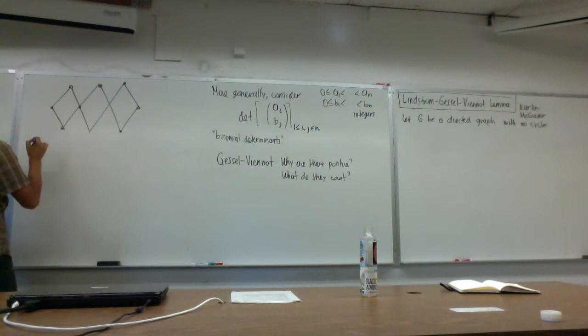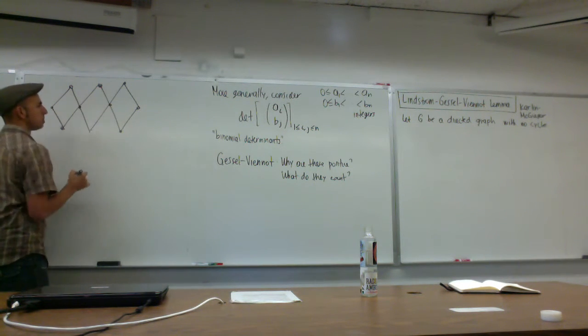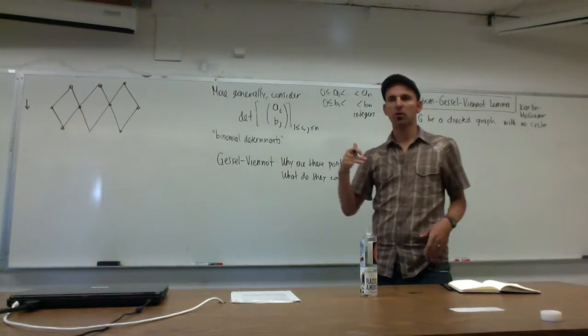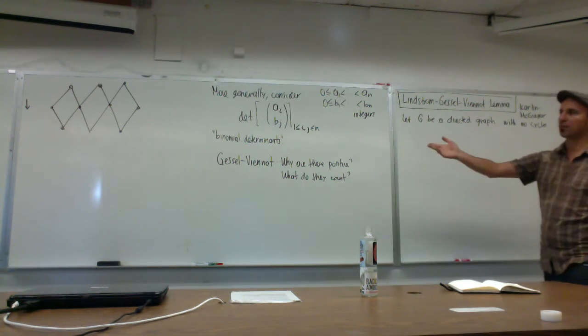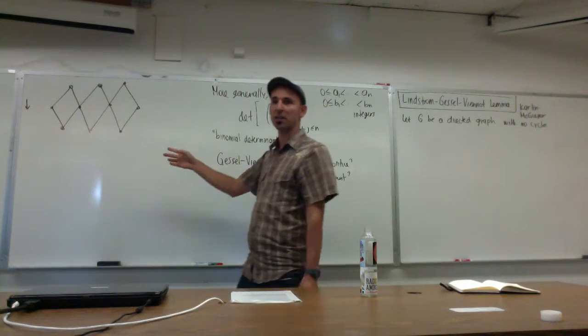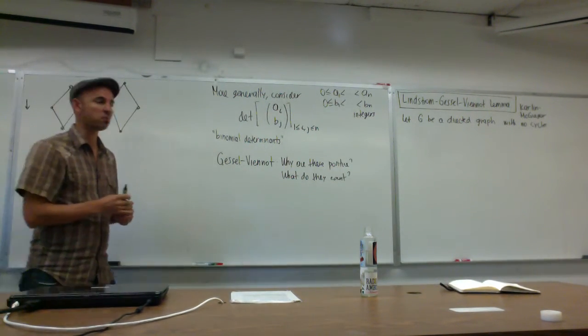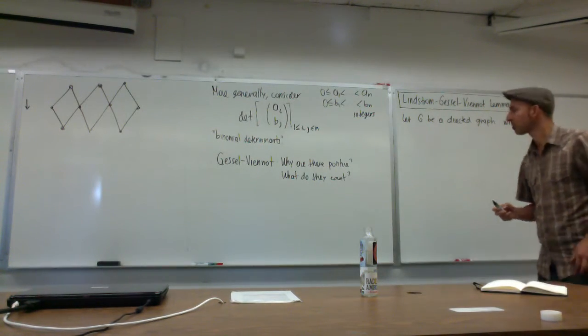And imagine that all the edges are pointing down. So that's an example of a directed graph. Every edge is directed down, and notice when I say that there's no cycles, what I mean is that there's no directed cycles. Okay, so this graph, if you ignore the orientation, it does have cycles, but you can't really go around the cycle. You would have to walk along some edge in the incorrect direction. Okay.